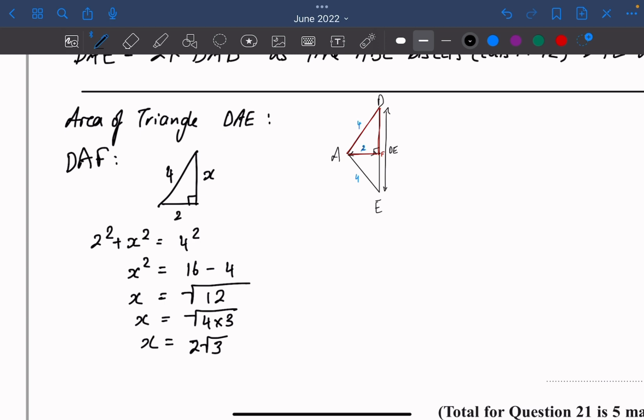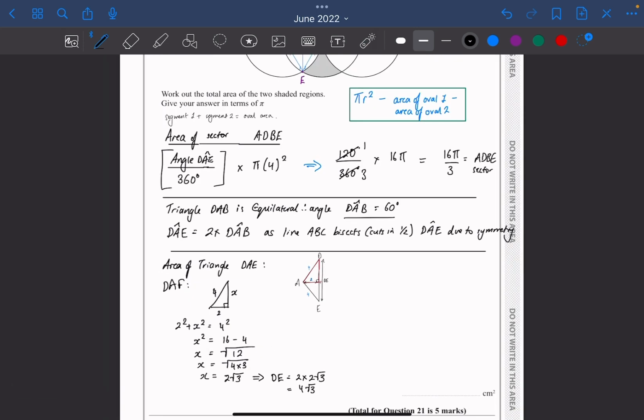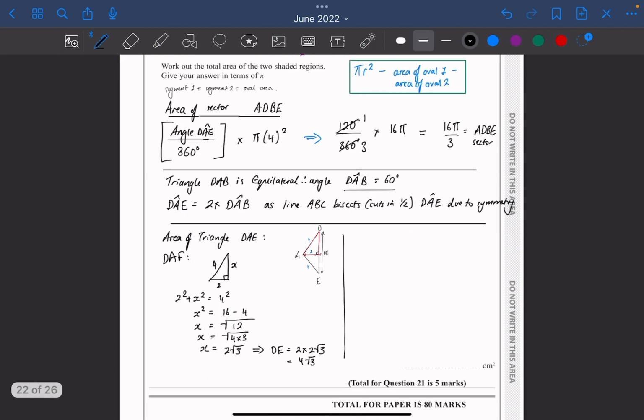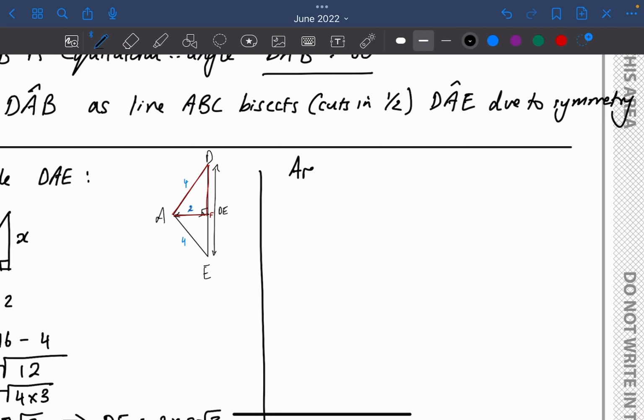Okay, this implies that the line DE is equal to 2 times 2 root 3, equal to 4 root 3. So we know the length of DE. Now we can find out area of triangle DAE is equal to half base times height.